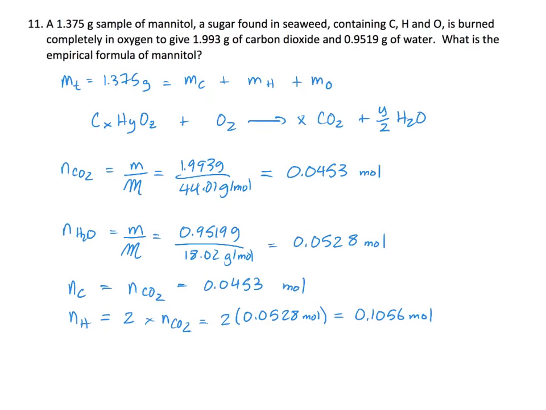We've gone from CO2 and water to moles of carbon and hydrogen, and from here what we're going to be doing is going to mass of carbon and hydrogen, which goes back to our original formula right at the very top. We can get from moles of hydrogen to mass of hydrogen, and moles of carbon down here to mass of carbon up here.